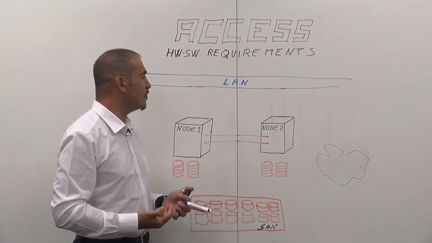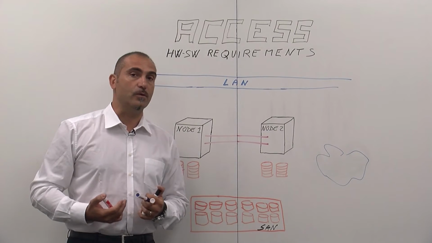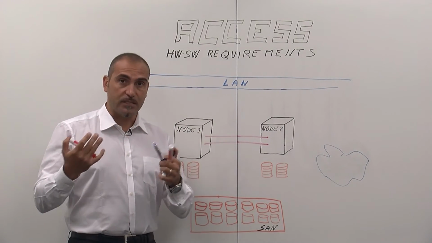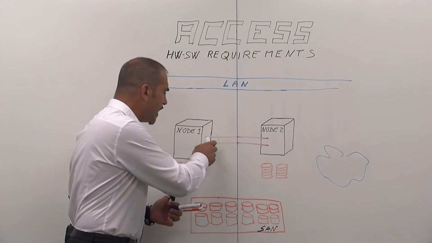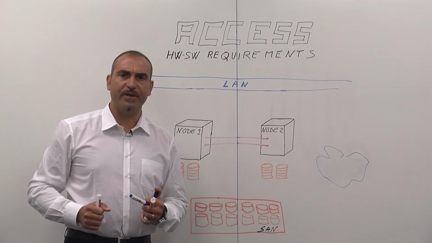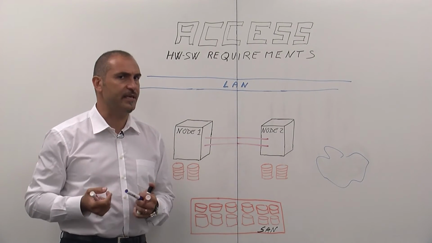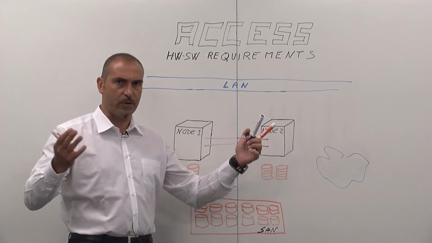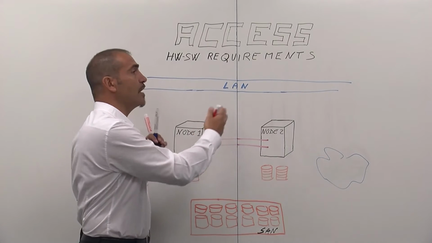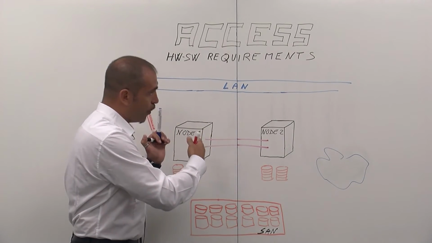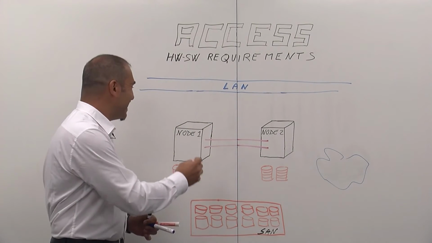For example, you can use RDMA, LLT over UDP, or simply LLT if you want. You can use InfiniBand, you can use 10 gigabit network cards, whatever you want. Whatever is supported by InfoScale availability is supported by Veritas Access as well.